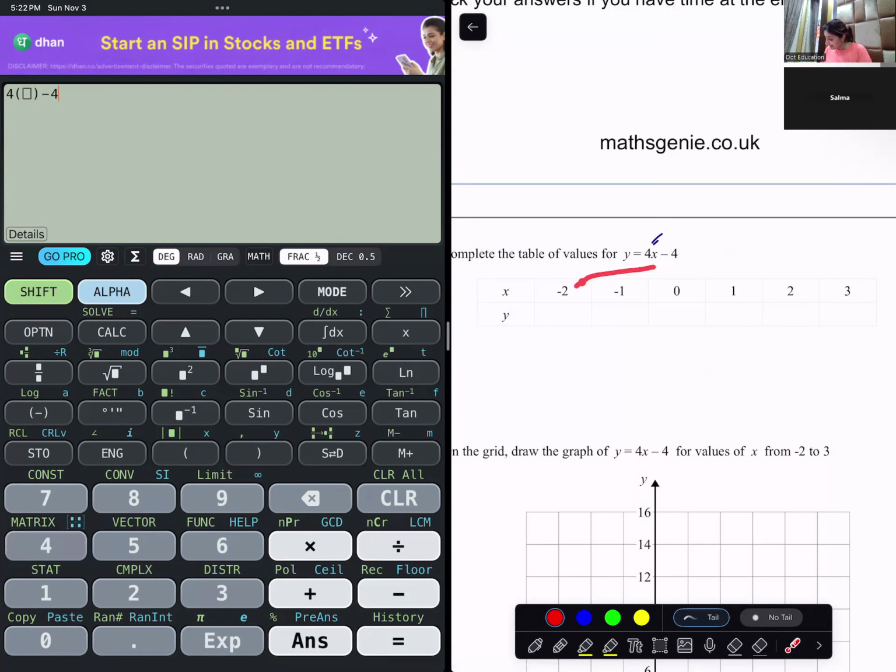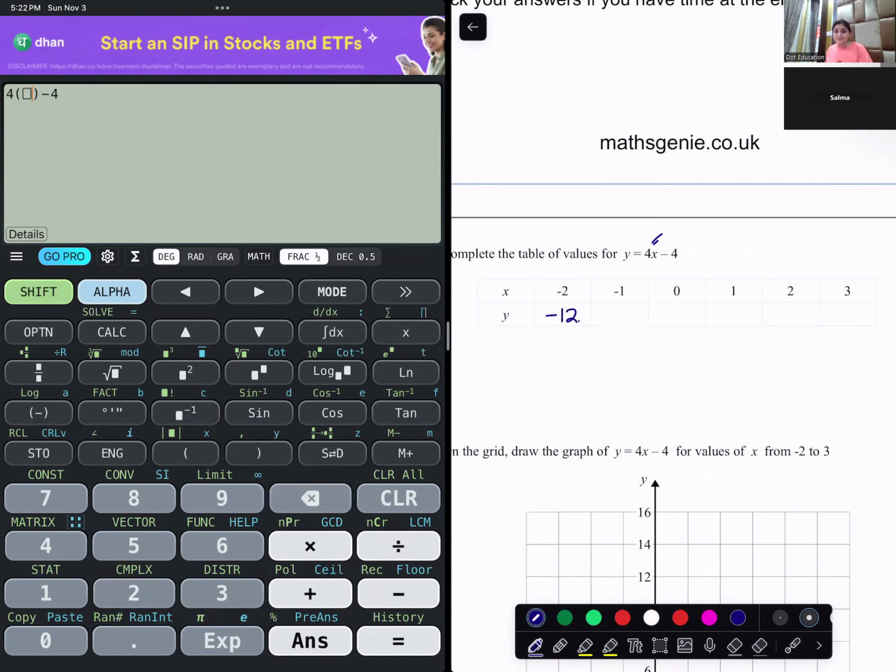When x is minus 2, in the bracket instead of x, I write minus 2. So when x is minus 2, what is going to be my y? My y is going to be minus 12. You can see it in the calculator. Now I will remove this.